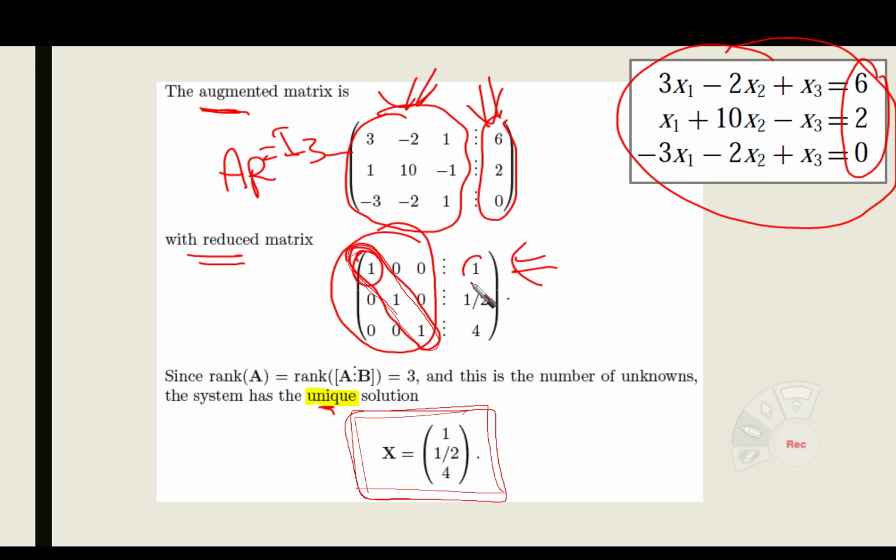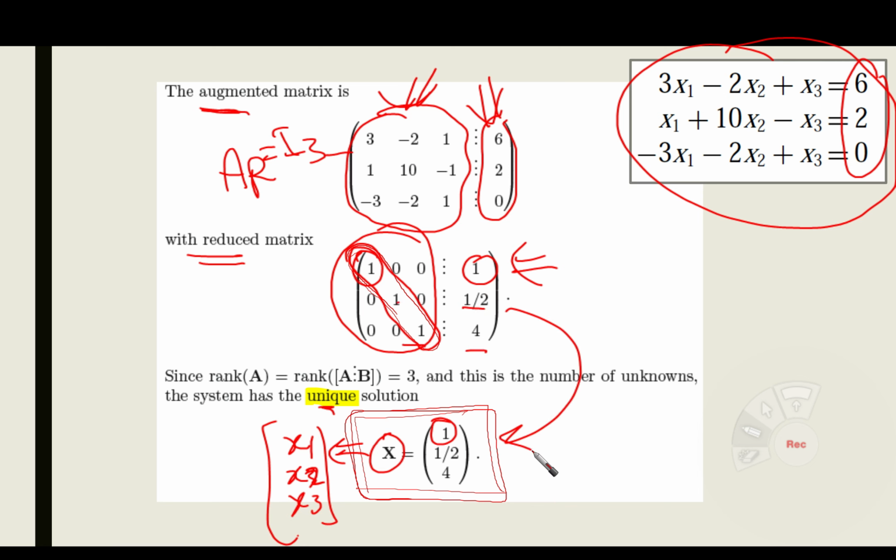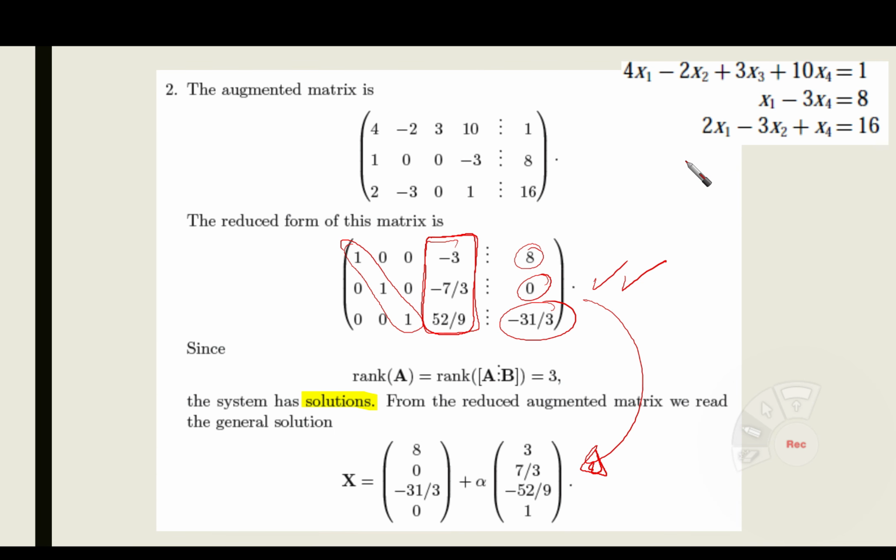The unknowns are x1, x2, and x3, so x1 equals 1, x2 equals half, x3 equals 4. This is the trivial solution for the associated homogeneous equation, but this is the unique solution for the non-homogeneous system.